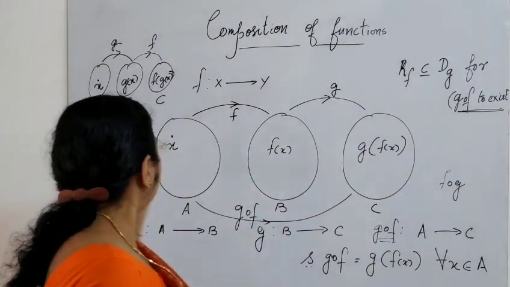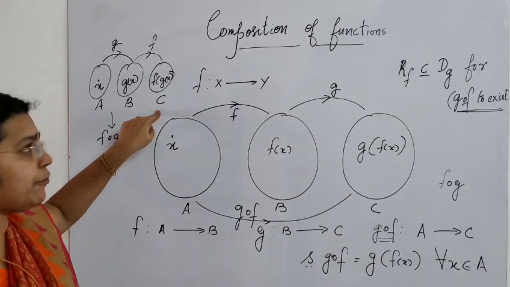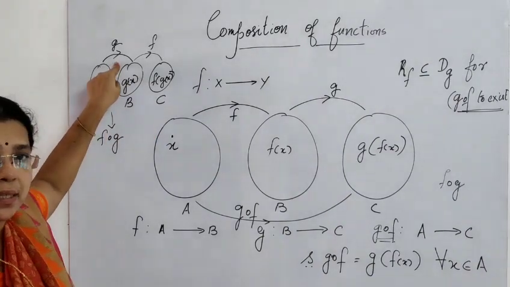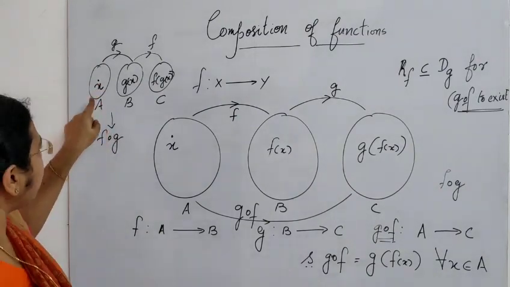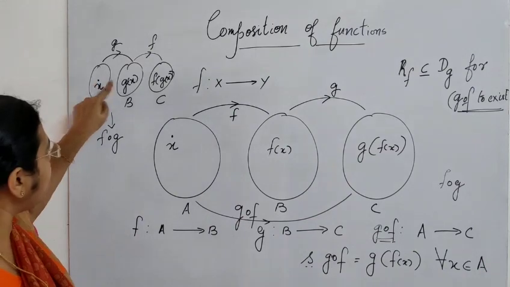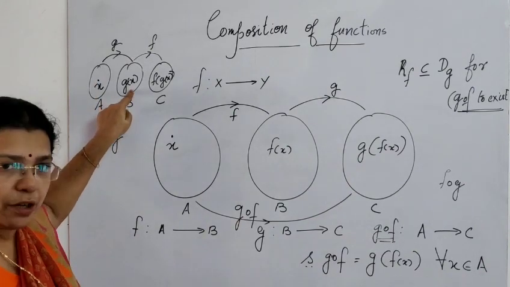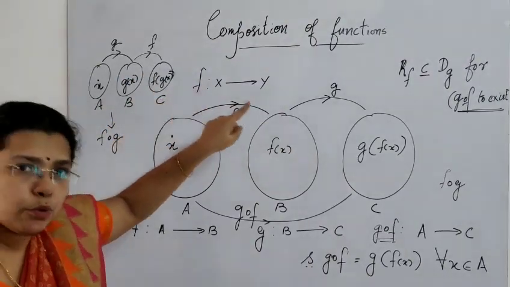Now FOG is a function from A to C such that the first function that acts upon this is G. G is the function that acts upon the element x first, you get G of x, and then f happens and then we get FOG.